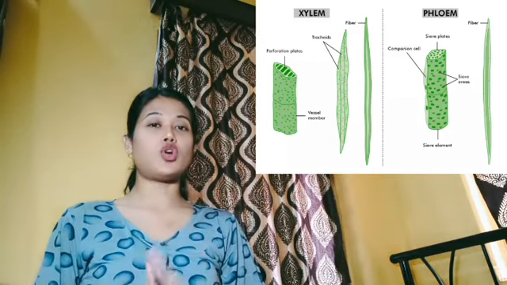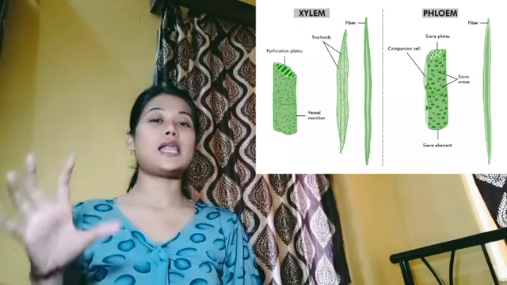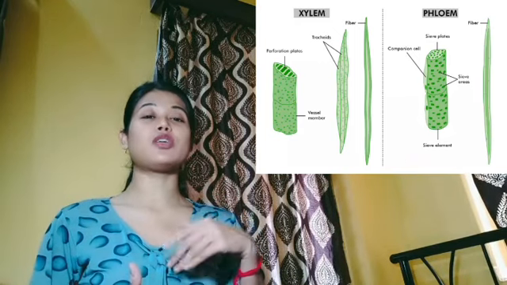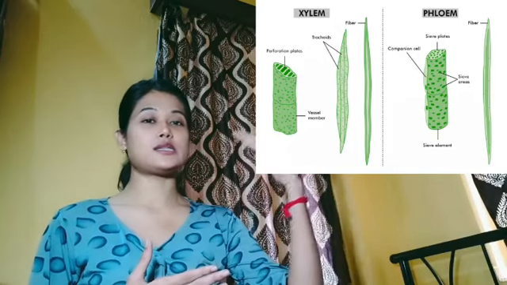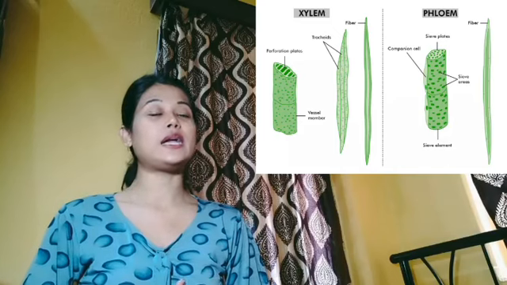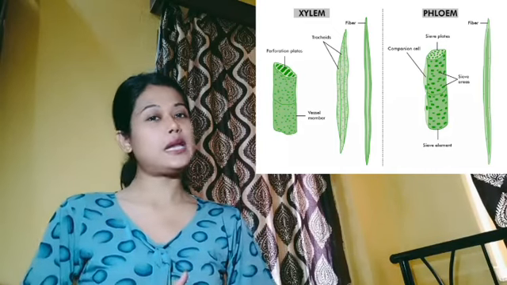The transport of water is in one direction, so xylem is unidirectional in nature, but the transport of food can be in both directions, either from the stem to the roots or from the roots to the stem. So the phloem is bidirectional in nature.